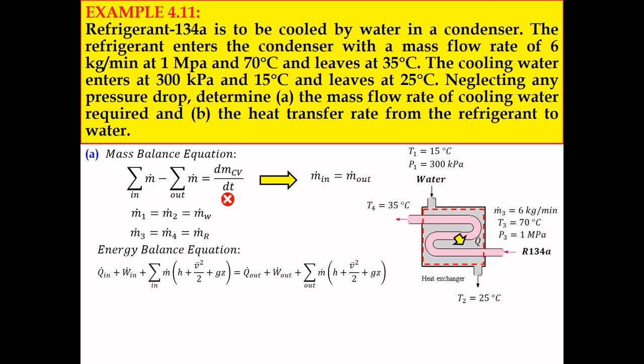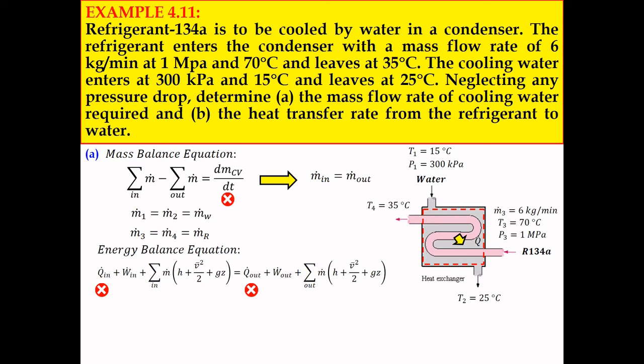In terms of the energy balance equation, this is the total energy balance equation. So we need to cancel out all the terms that are not involved, based on the characteristics of the heat exchanger that we have learned and also the information given in the example. So no Q in, no Q out, because these terms are based on the control volume boundary that we select.